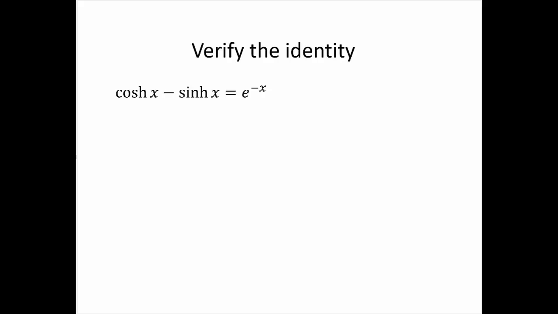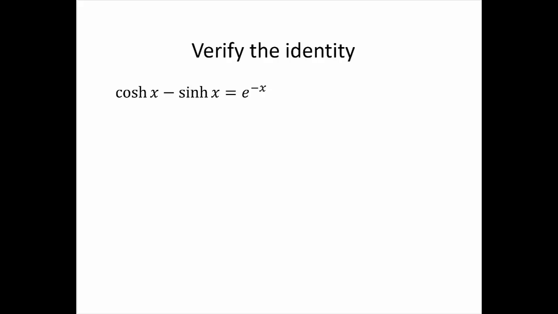As with traditional trigonometry, with the hyperbolic functions, we may occasionally need to verify or use identities. So here we're asked to verify the identity that the hyperbolic cosine of x minus the hyperbolic sine of x is equal to e to the negative x. As with traditional trigonometry identities, it's often easier to start with the more complicated side.